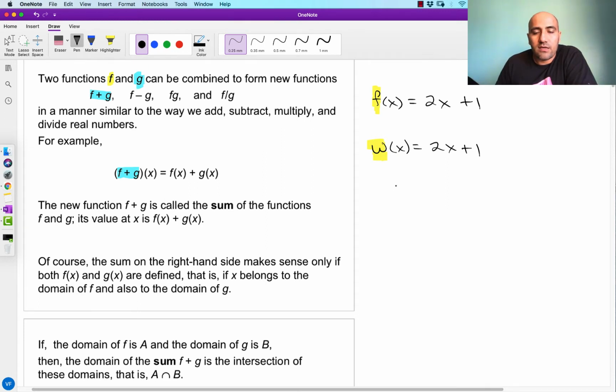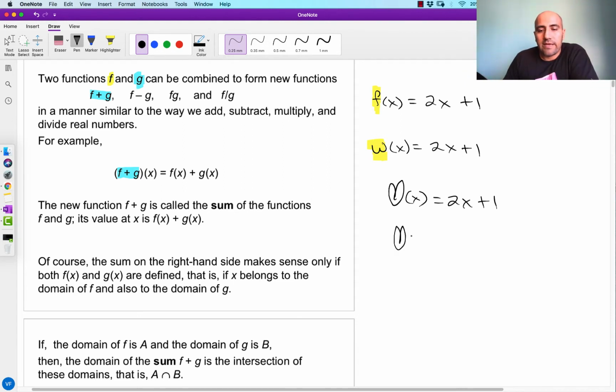If I used something like heart of x, it would be a little bit weird to say that the heart function is 2x plus 1, right? So then I can say, what is heart of 3? Okay, well then you would input a 3 into there, and you get 2 times 3 plus 1, right? Okay, so we can name it anything we want.